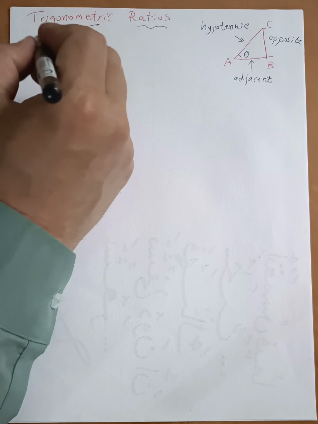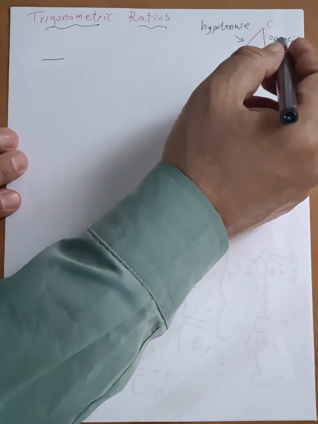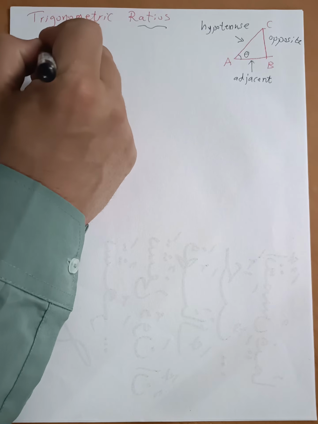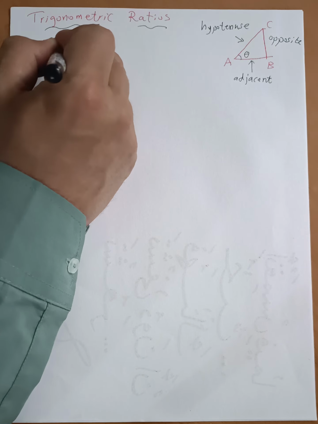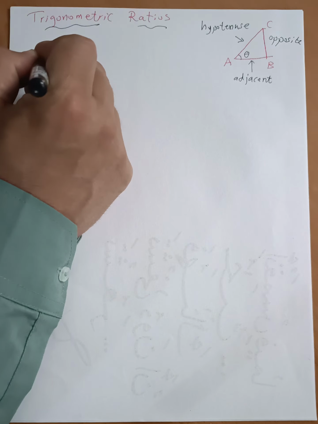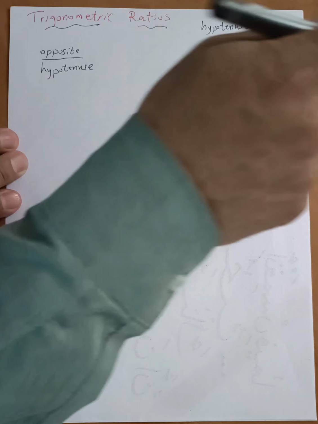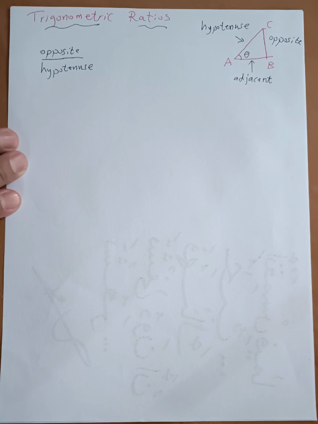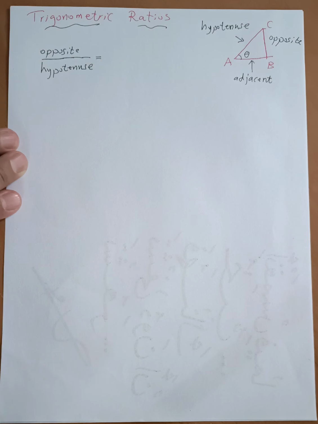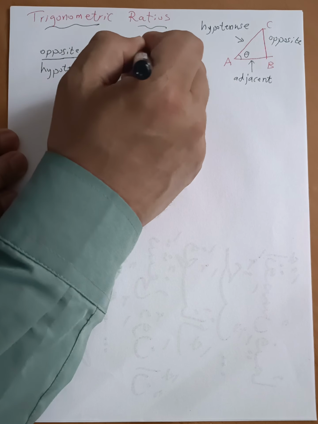If I make a fraction, نسبة, and put in the numerator the opposite and divide it by the hypotenuse, I call this ratio sine of theta.